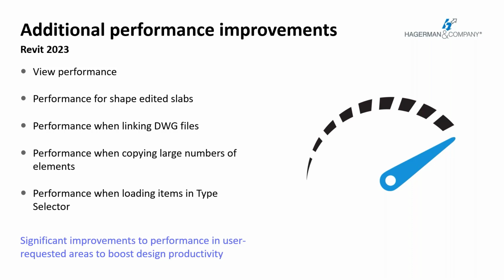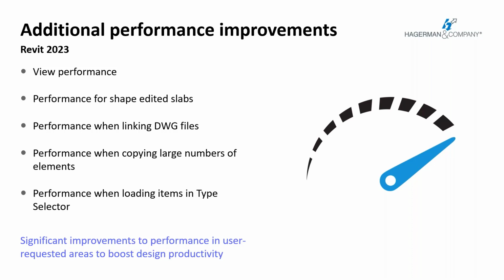And it looks like they were able to improve that. So they've noticed over a 400 times improvement with Revit 23 with respect to large projects with a large amount of view filters.